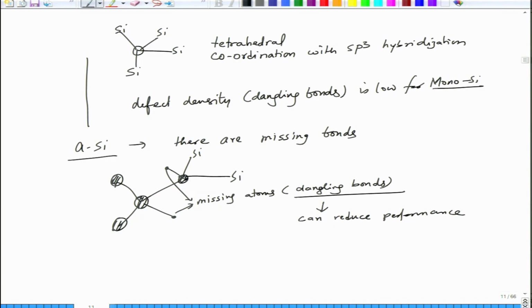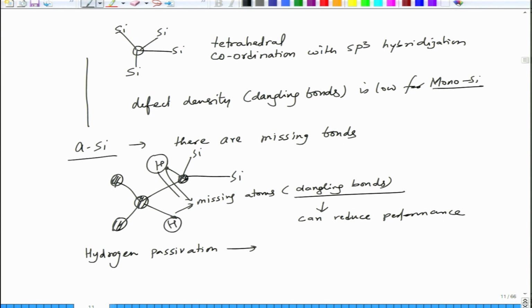So, what we do in silicon is that we do hydrogen passivation by exposing silicon to hydrogen. That is why extra hydrogen is put in during manufacturing. So, hydrogen passivation creates these hydrogen bonds.